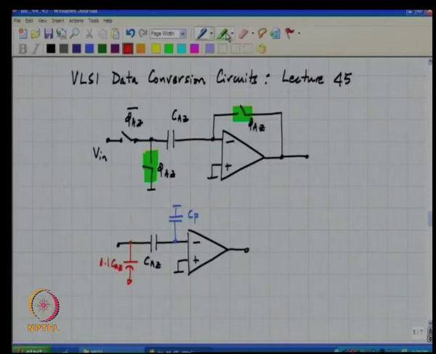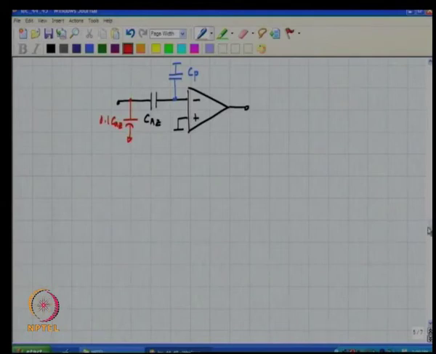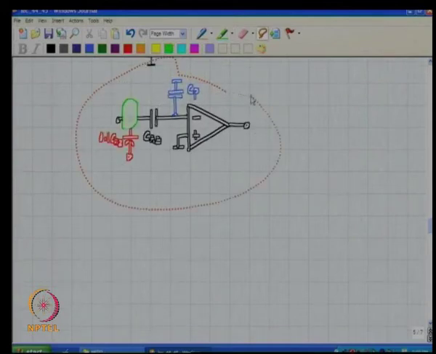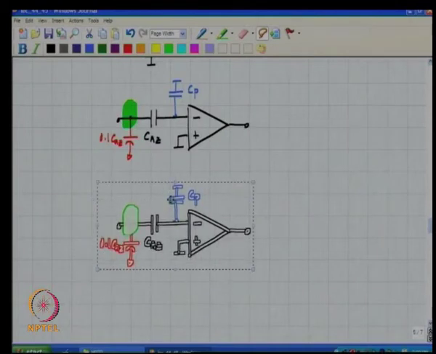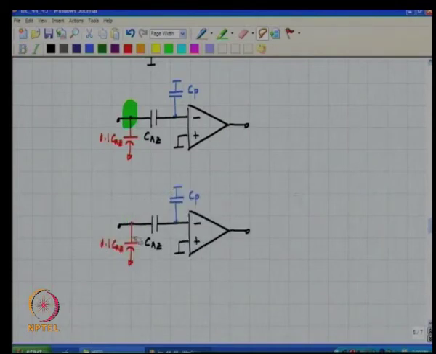One could either place the bottom plate towards the input as shown here, or take the opposite stand and place the bottom plate here. So, the question is, which of these two strategies makes sense?